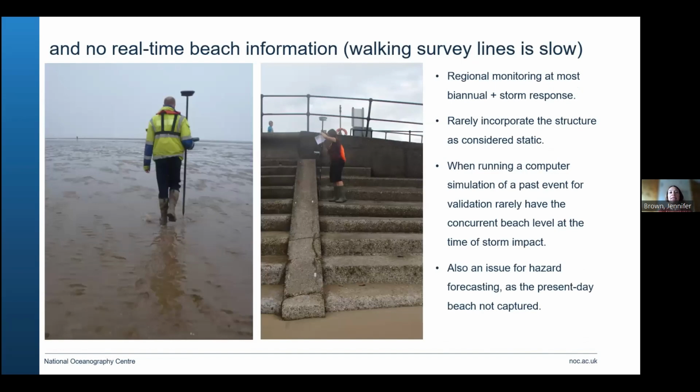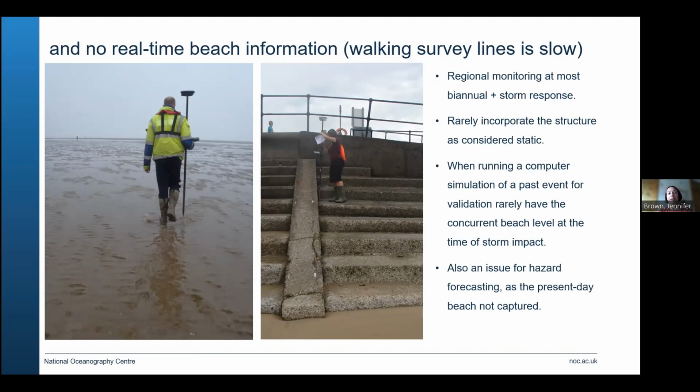The other challenge is the fact we have no real-time information about beach levels. Here we've got a photo of someone collecting a beach level as they're walking up and down transects on the beach. And during my studies, I've been collecting information about the profile of sea defences, where waves run up and can go over the top of sea walls.